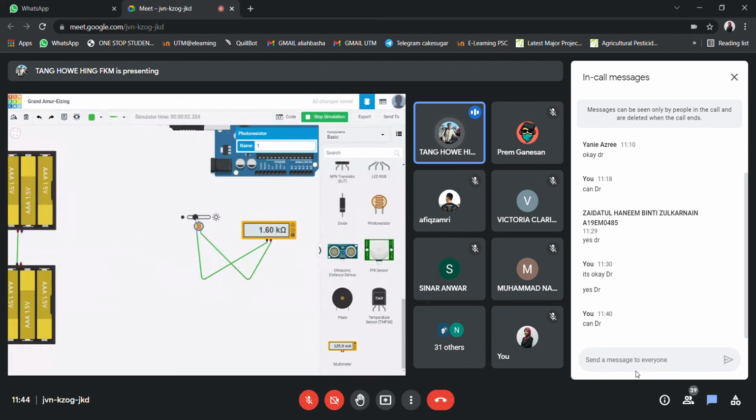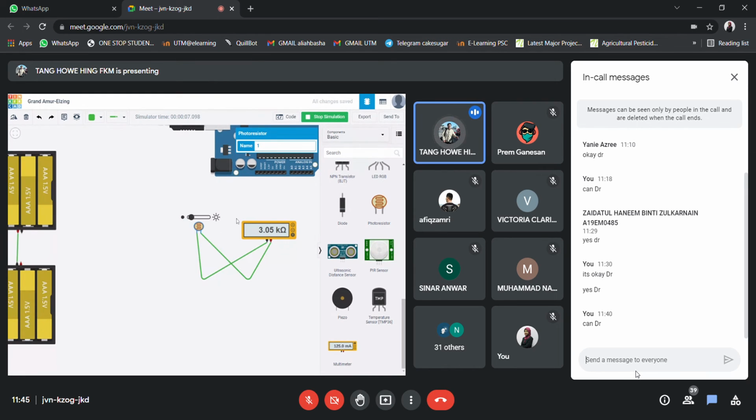But once I increase the brightness, the resistance quickly drops to 506 ohm. So there is a resistance change when you expose this sensor to different brightness.